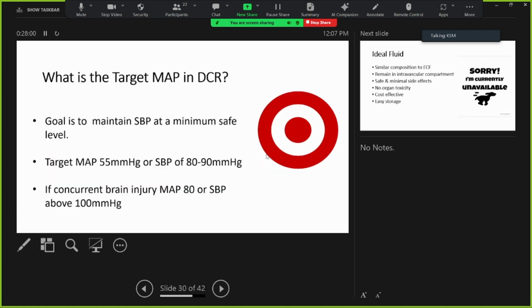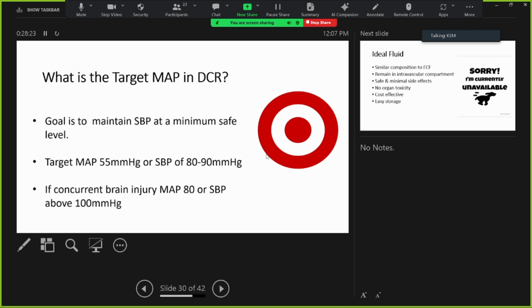So the target of mean arterial pressure in damage control resuscitation is lower than normal. Usually MAP is about 55, whereas our normal MAP we try to maintain is about 65, and the systolic blood pressure target is about 80 to 90, not 100, 110.